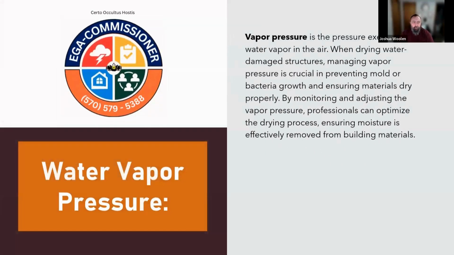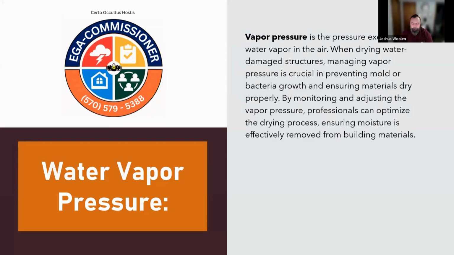Typically, one thing to note is that carpet cleaners usually will bring fans along with them, snail fans or a box fan, and they'll set it up to help get that vapor pressure movement started right away.